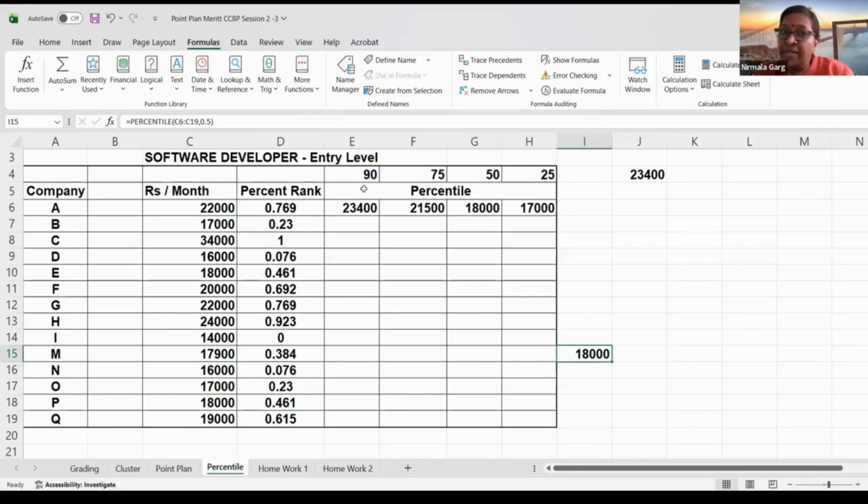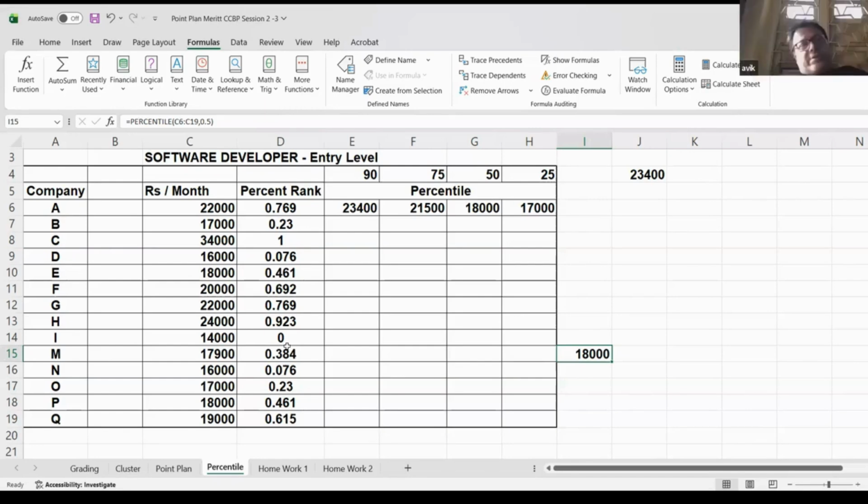You can also say quartiles: Q1, Q2, Q3, Q4. So Q1 will be from where? 0 to 25th percentile. Q2 will be 25th to 50th percentile.